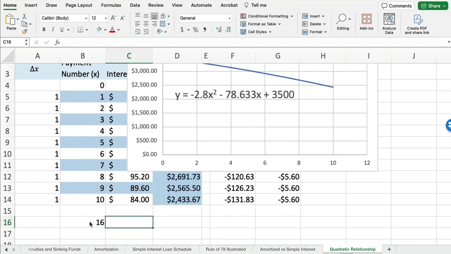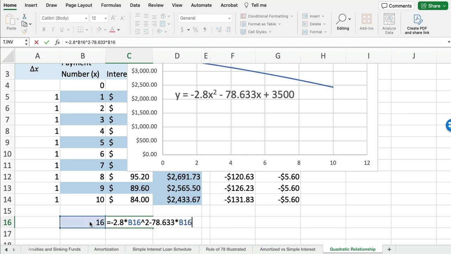And right next to it, let's just calculate this. So it's going to equal negative 2.8 times, and then the number in x is B16, to the second power. And then we have minus 78.633 times 16 again, times our B16. Oh, that's interesting. The number in B16 is 16.